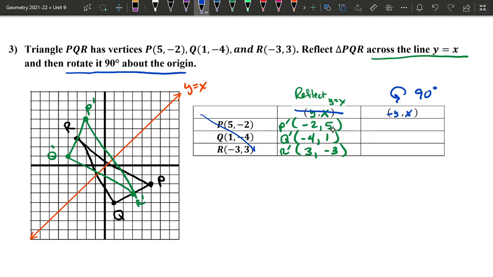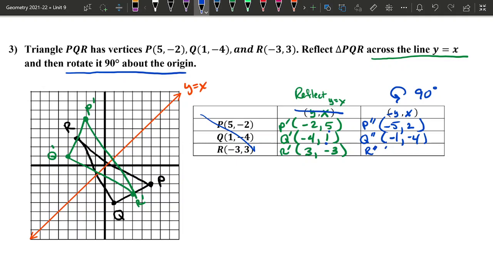This y is 5. So it becomes negative 5 and moves to the x spot. So negative 5, 2. So that's P double prime. 1 is the y value. Change signs. It becomes negative 1. And then it takes x's spot. So negative 1, negative 4 is Q double prime.